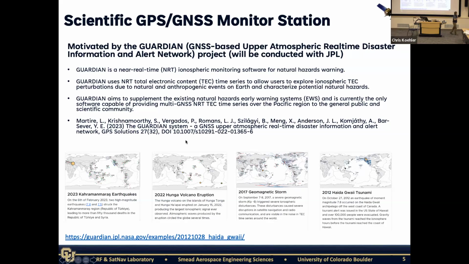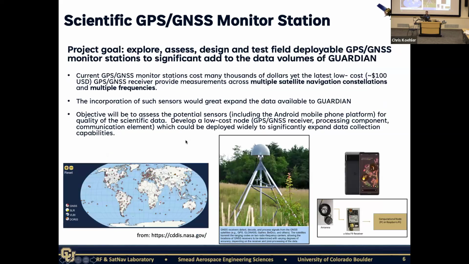It is possible to look at what is happening in the ionosphere to get a predictor for these different natural events. JPL has investigated this early. They have this Guardian network, and they're taking measurements of the ionosphere to see what happens, digesting those measurements to do some type of prediction. So that's the link for those pieces.